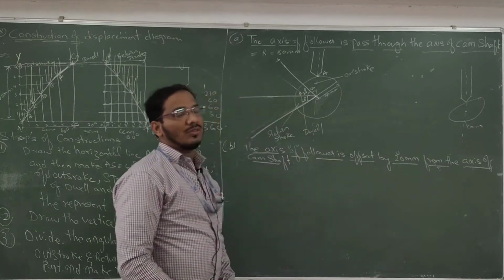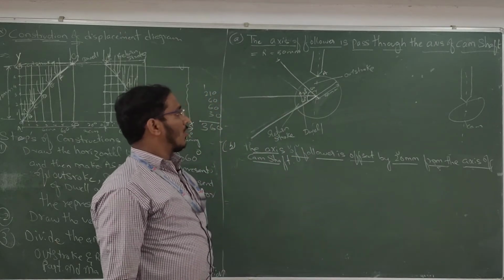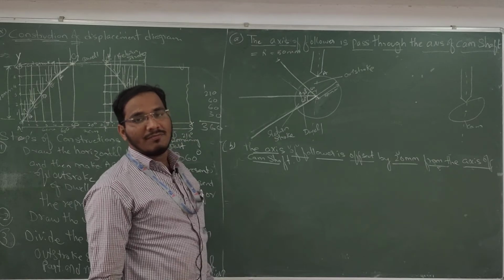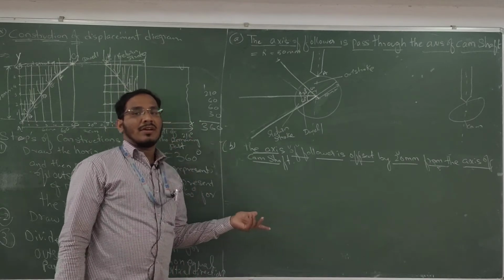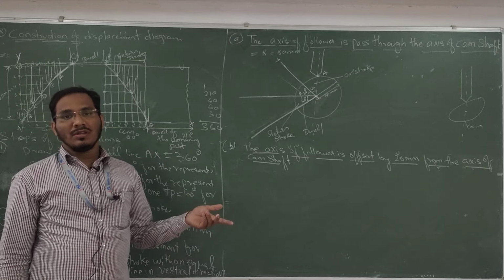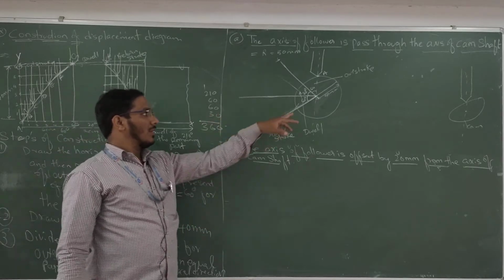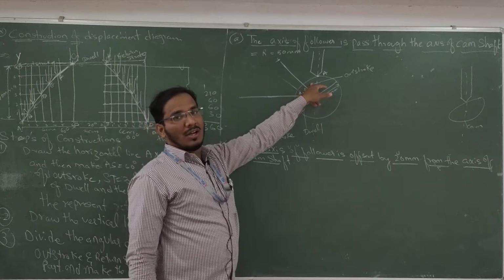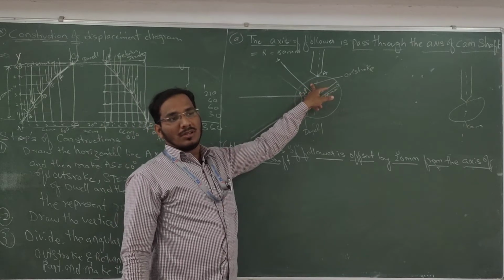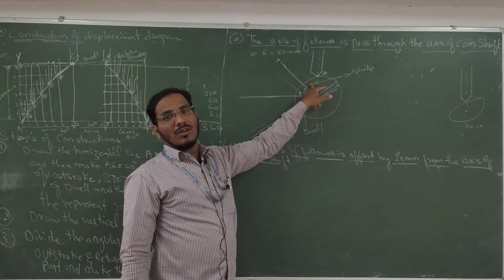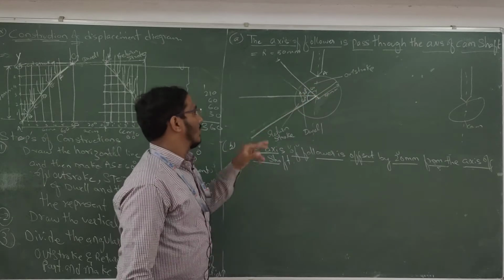Now draw the angular displacement of the outstroke or return stroke in equal individual parts. Here this is the outstroke. In that outstroke you have to draw equal individual parts like that.